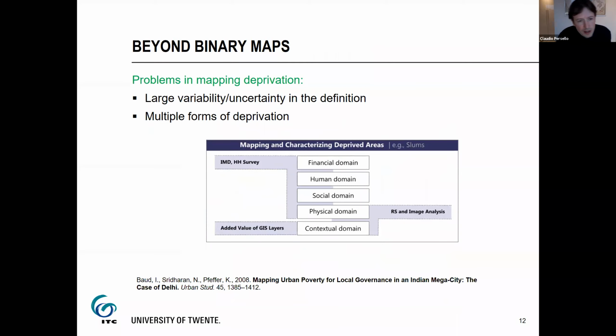Another topic, I think a very fascinating one, is based on the fact that we wanted to go beyond what we have seen so far. All the methods I've described so far for mapping slums basically model the problem as a binary classification one, where we simply classify pixels as slum or not slum.